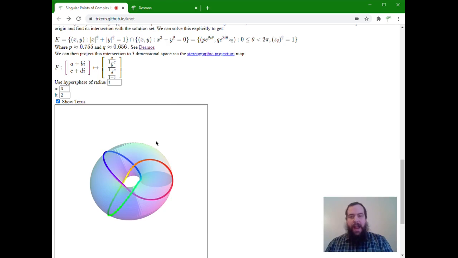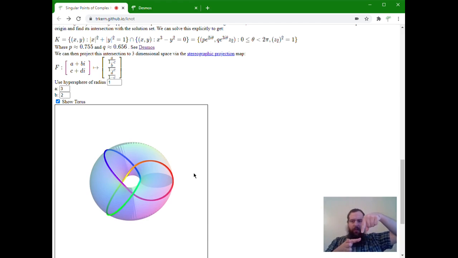That corresponds to this first coordinate, the x coordinate. When we do the stereographic projection, it corresponds to how much we've gone around the torus this way, around the outside radius.